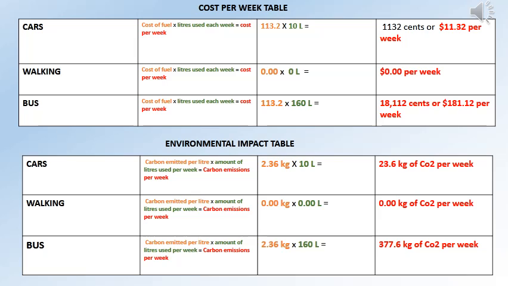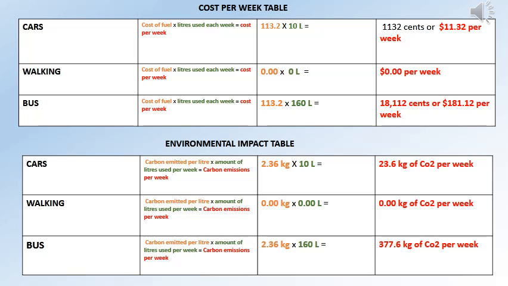We then times the cost of fuel for the bus, which was 113.2 cents per litre, by the litres used each week, which was 160 litres, to get the results 181.12, which means the bus costs $181.12 per week.